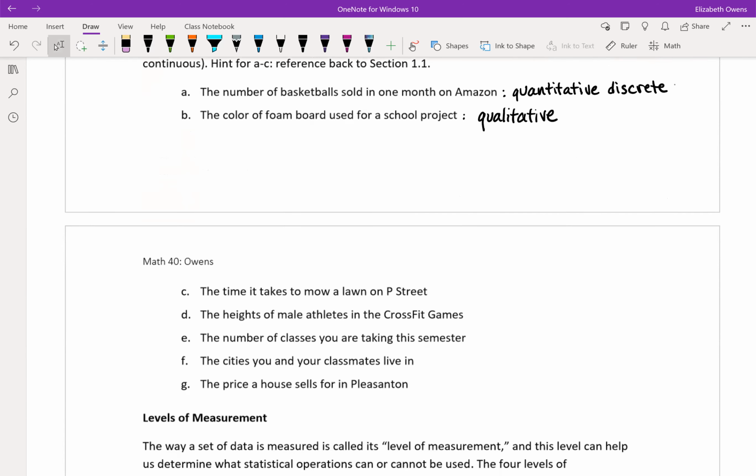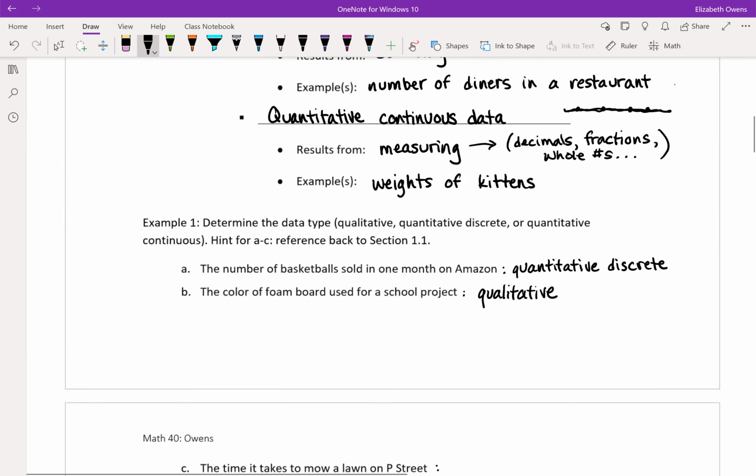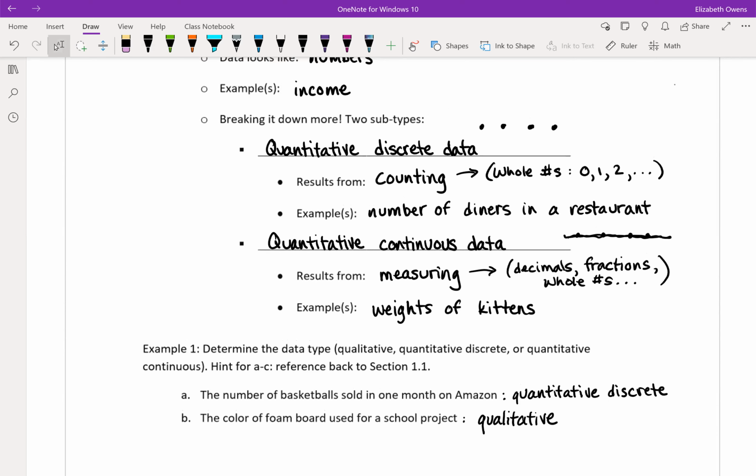All right, next, we'll look at the time it takes to mow a lawn on P Street. And if you think back to what some sample data points might look like, we had said, okay, maybe it takes 45 minutes to mow a lawn. Maybe it takes an hour. These are numerical results that we're getting. But are they discrete or continuous?